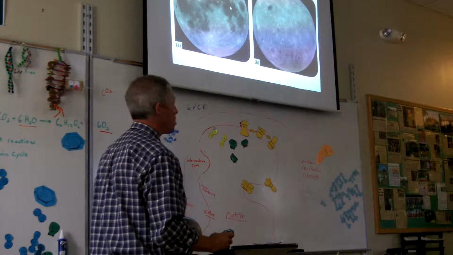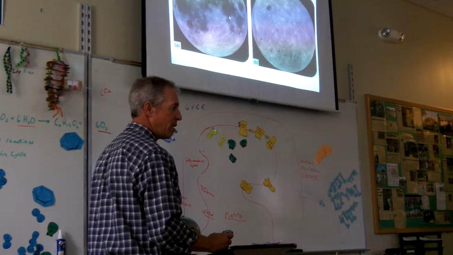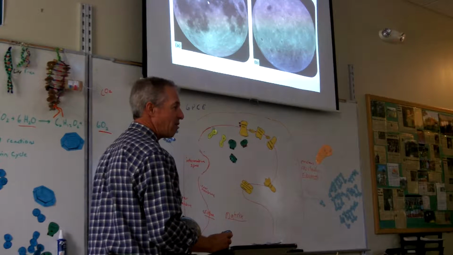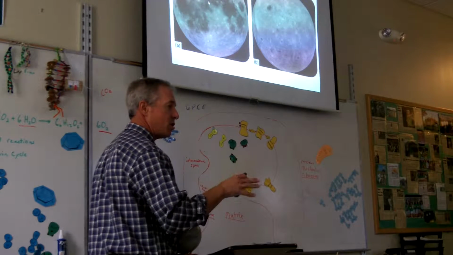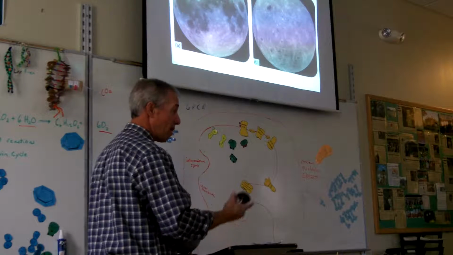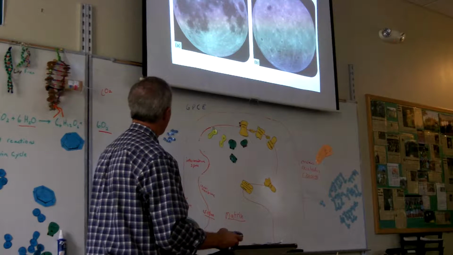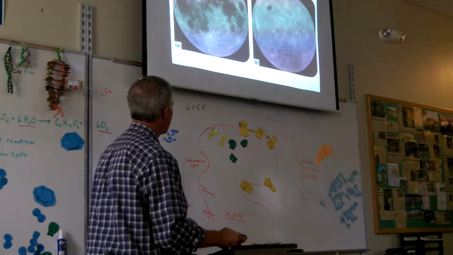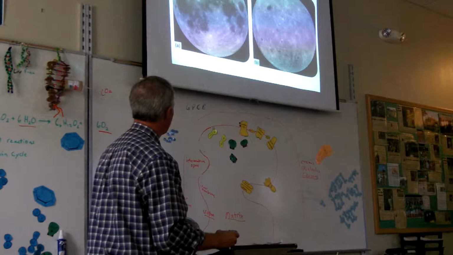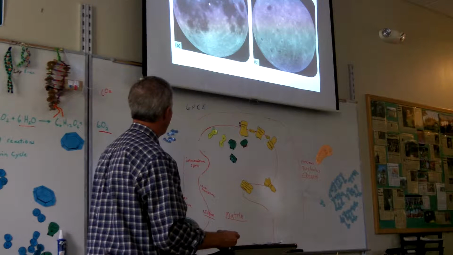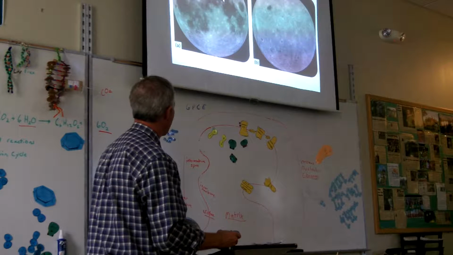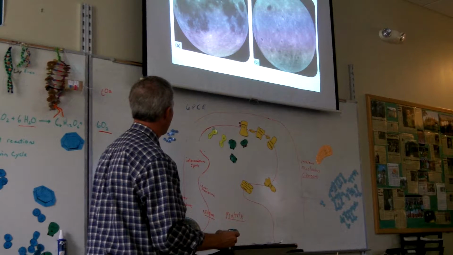The dark places are called Maria. Maria is like Latin or Greek for ocean or sea. Mare, Latin. So ancient astronomers looked at the moon, even with telescopes, and they thought that might be water, that might be an ocean.